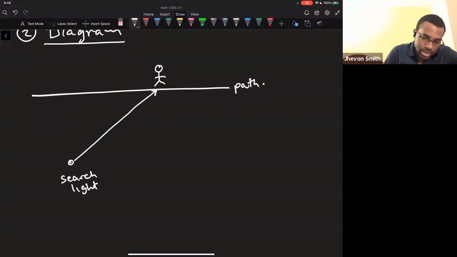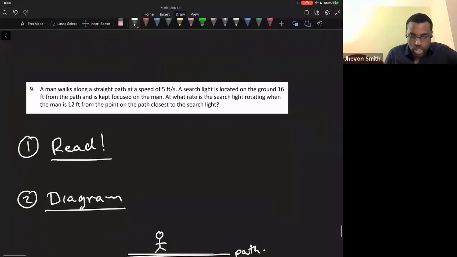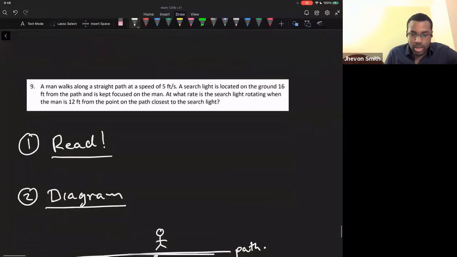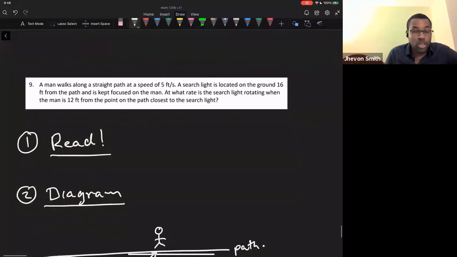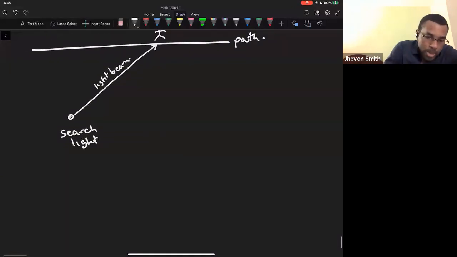So this is like the light beam. And we're told that the searchlight is 16 feet from the point on the path closest to the searchlight. The point on the path closest to the searchlight is at a perpendicular distance from the searchlight.